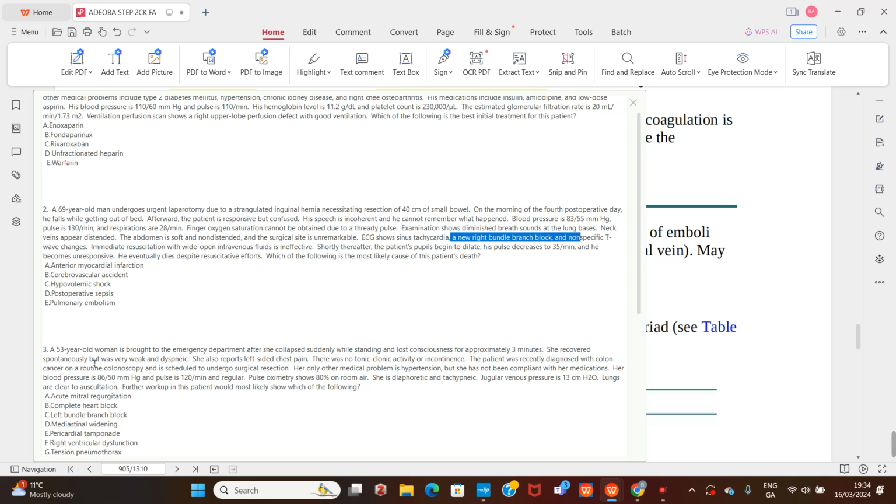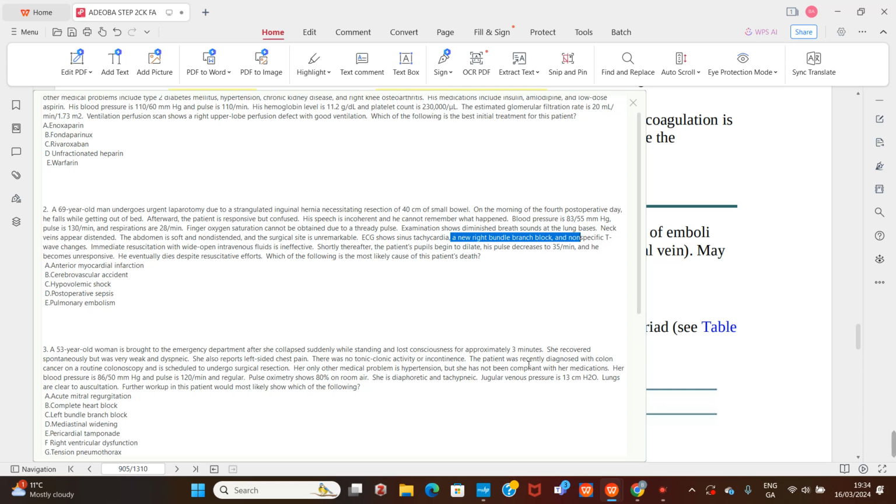A 53-year-old woman is brought to the emergency department after she collapsed suddenly while standing and lost consciousness for approximately 3 minutes. She recovered spontaneously, but she was very weak and dyspneic. She also reported left-sided chest pain. There was no tonic-clonic activity or incontinence.